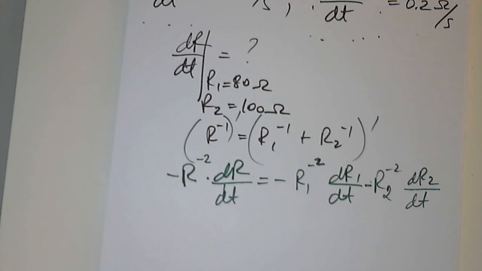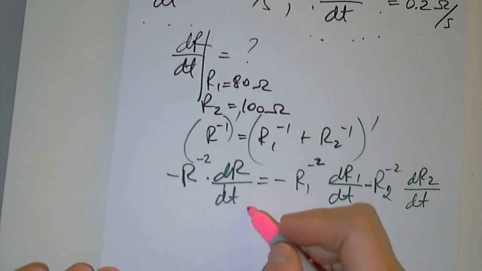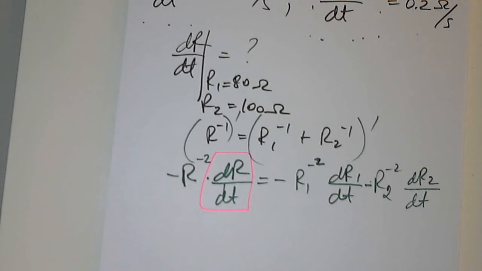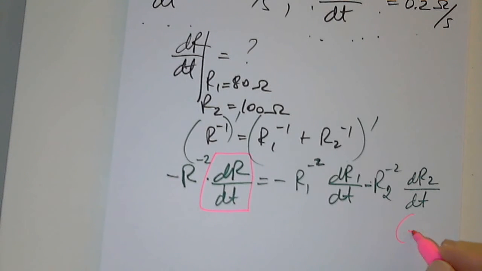Okay, I got it. Is that okay? So I am after dR over dt and nothing else, but I'm going to change everything into positive because I multiply both sides by -1. Everything becomes positive. And dR over dt is all this, positive, over R to -2.